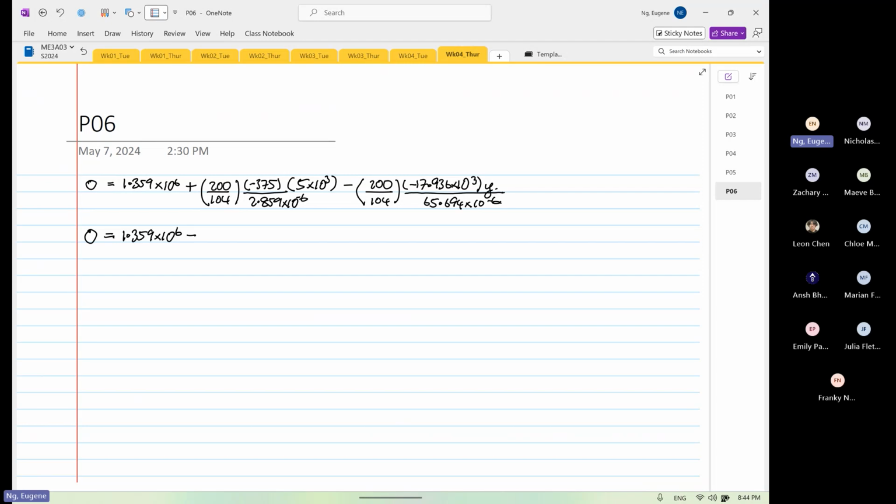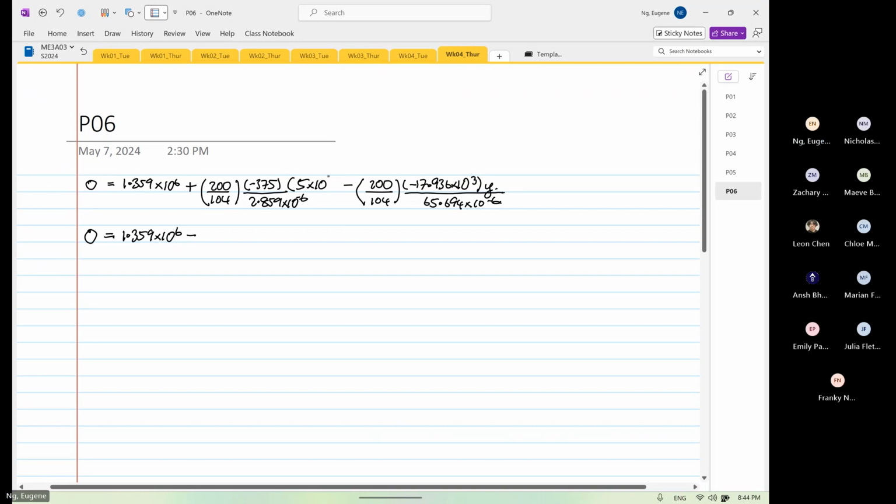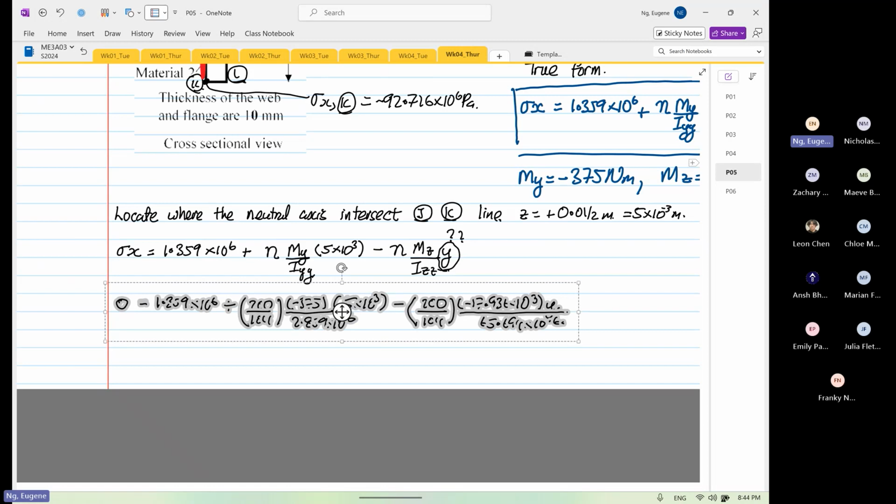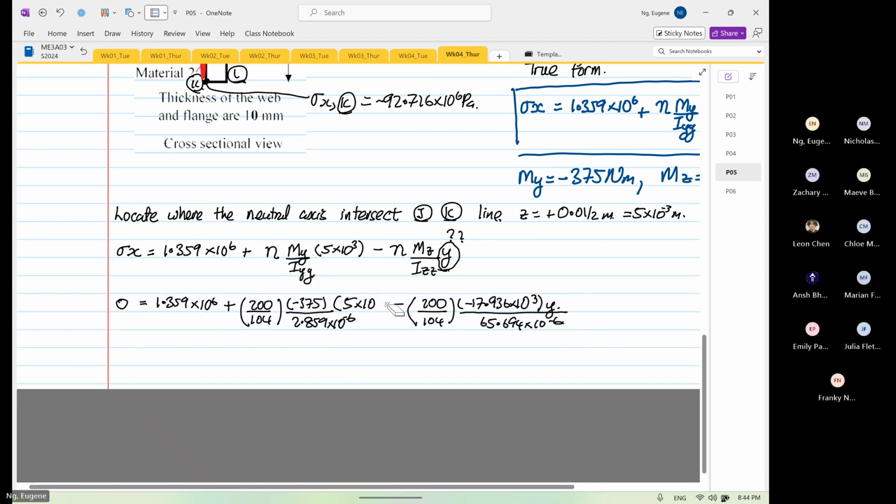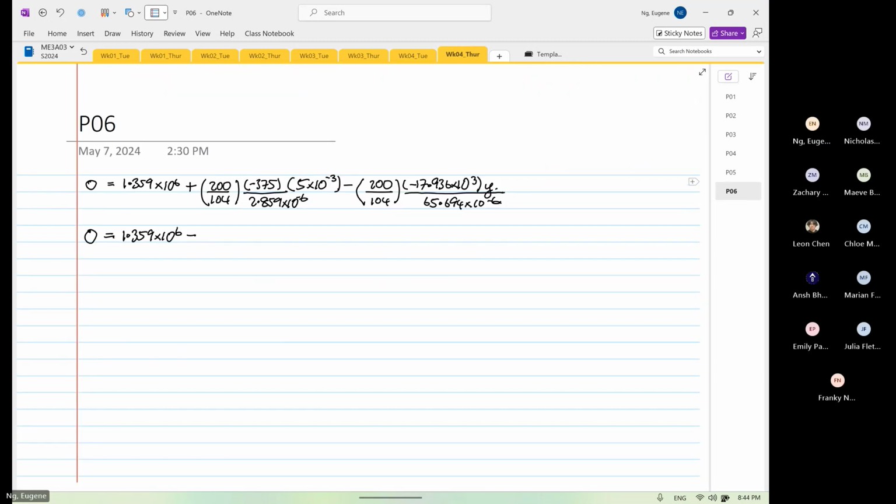Minus 200 over 104 times 375 times 10 to the power 3 divided by 2.859. Oh, that's minus 3 down here, sorry. It's 3 millimeters. So 375 times 5 to the power minus 3 divided by 2.859 to the power minus 6 times 200 divided by 104. So it's again minus 1.261 times 10 to the power 6.